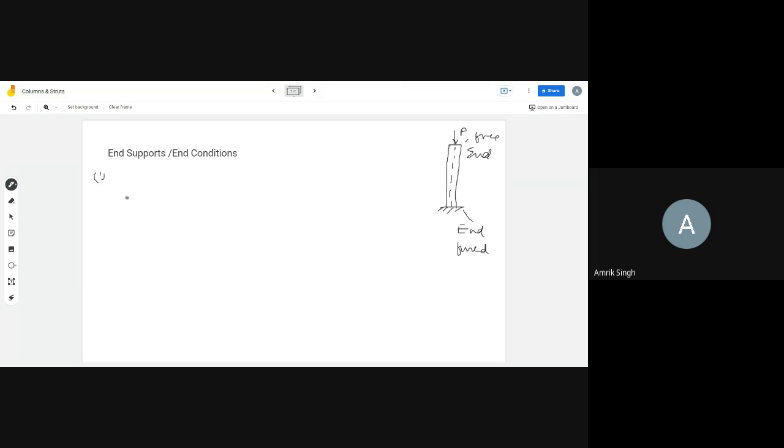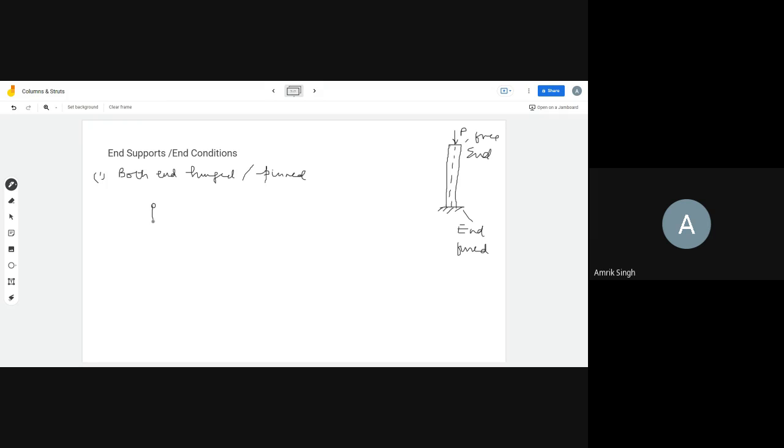Okay. Both ends hinged or pinned. So hinge and pin you have understood in the case of the beam. So in this case, we will represent this.